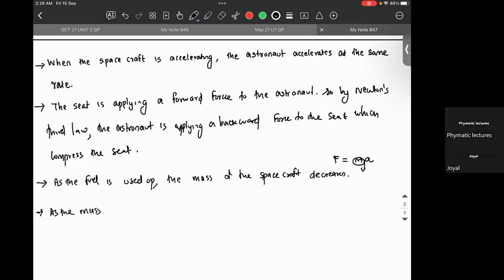As the mass of the spacecraft decreases, the acceleration increases.